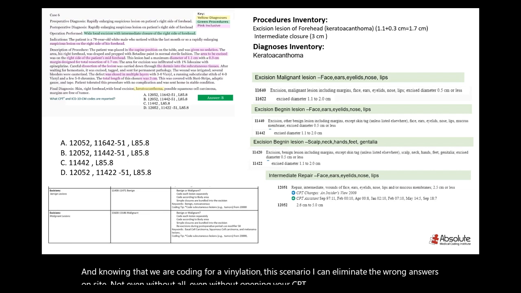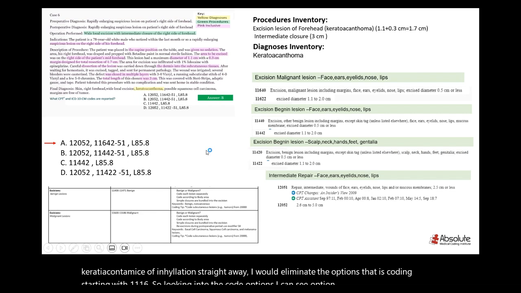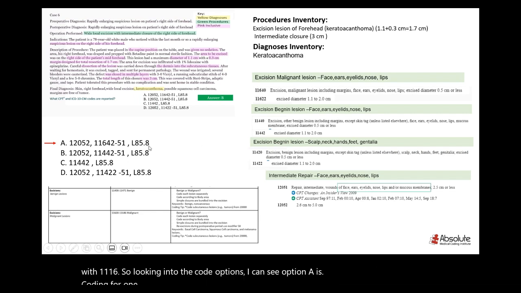If I know keratoacanthoma is a benign lesion, straight away I would eliminate the options that start with 116. Looking into the code options, option A is coding for 11642, and that is for a malignant lesion. We are not looking at a malignant lesion here.